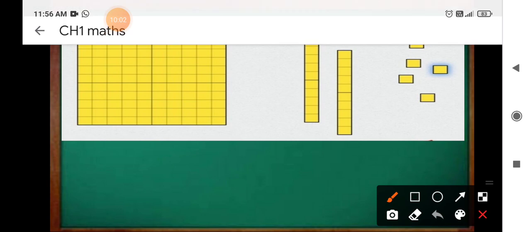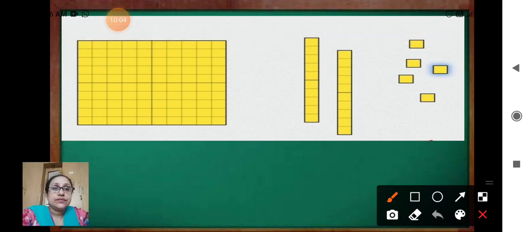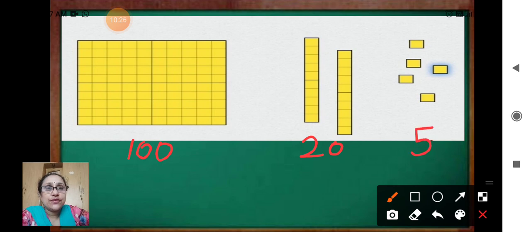Now what here you can see, what to do. You can see here, this is the block of 100. We can write 100, yes. Then here 2 tens, 20, and here 1, 2, 3, 4, 5. So like this we can give the plus sign. 100, yes, read out 125.